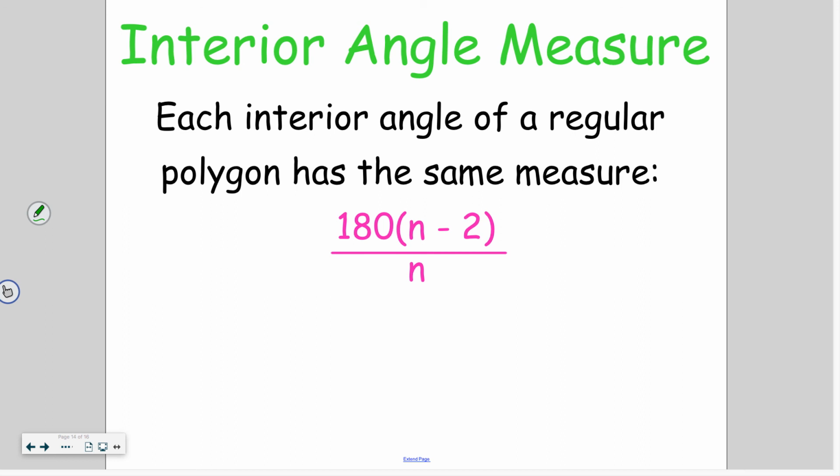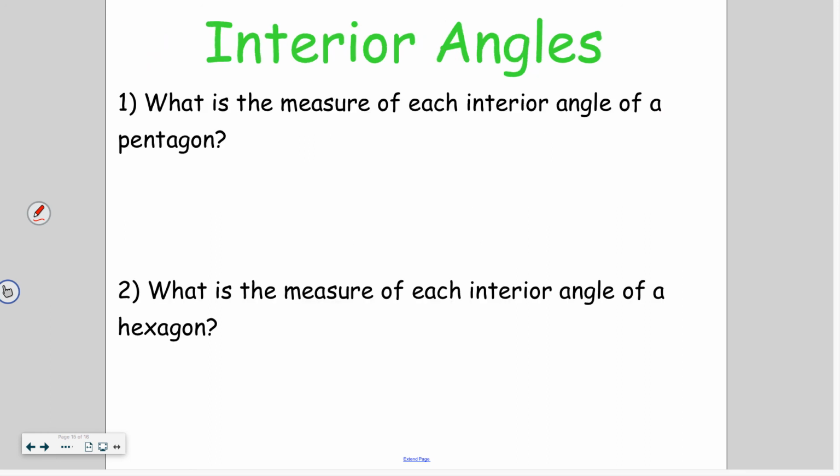You also can find the measure of each angle if it is a regular polygon. Again, that means all of the sides and angles are equal. Our formula for this is 180 times (n minus 2), and then we're going to divide by n. So we're going to take the formula we just had and then divide it into n angles.